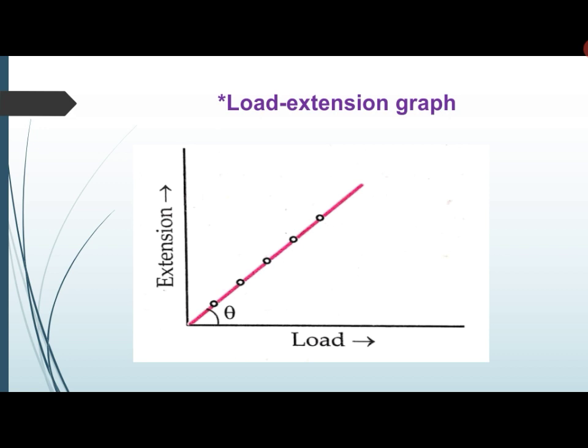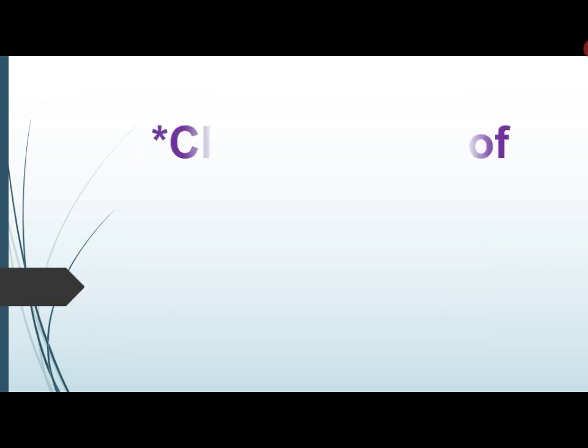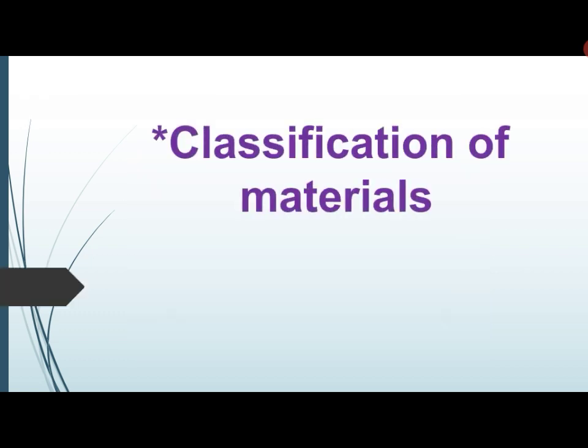Now after finding out the Young's modulus for a given metallic wire and discussing the stress strain curve, we can classify the materials on the basis of the stress strain curve we discussed earlier. Basically we can divide the materials into three main categories. Number one, the ductile material: the materials which have a large plastic range of extension are known as ductile materials.